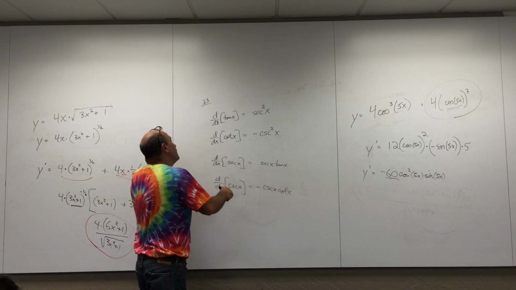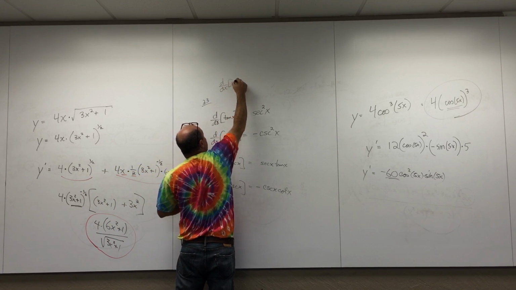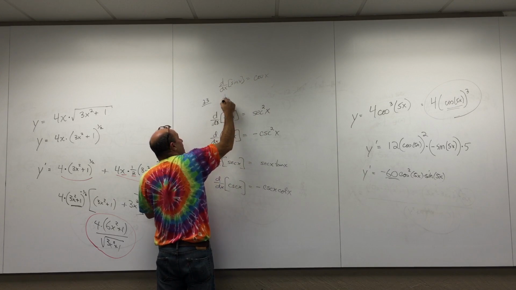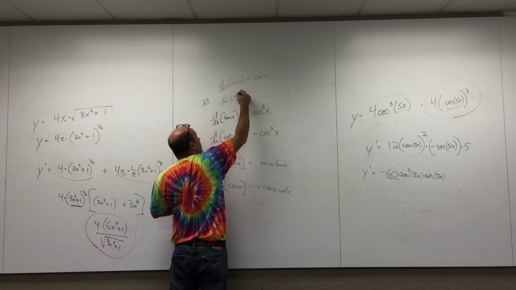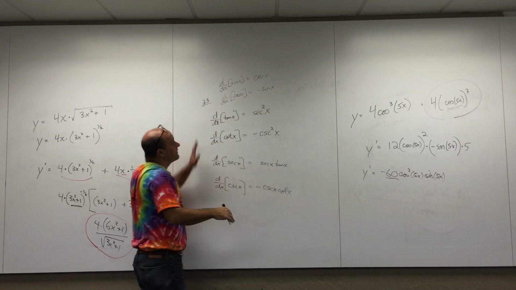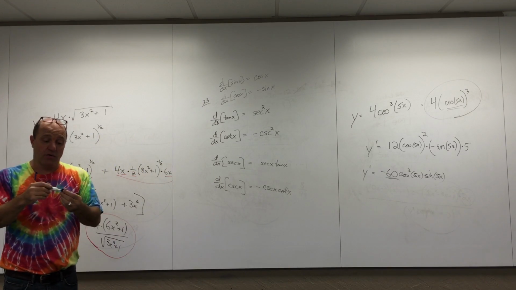I'm going to write down the other two. Hang on, we already knew the other two. The derivative of sine was cosine, and the derivative of cosine was negative sine of x. Right, you guys? So there they are, all 6 trig functions. We should memorize those.